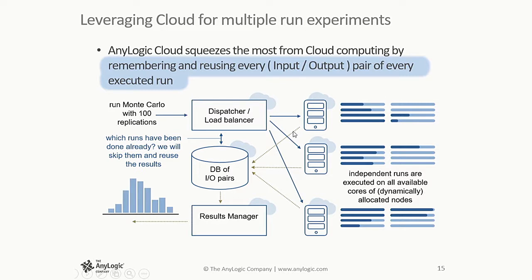They will deliver results, and then some chart will be built for you. Now, the next time you run the experiment, the dispatcher will first look: are there some outputs ready? And if they are, it won't run experiments again. And that is why it's so efficient.